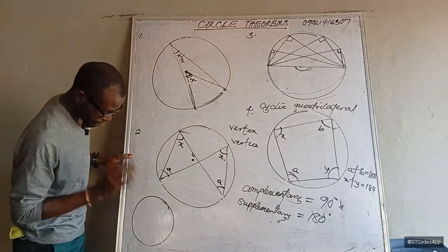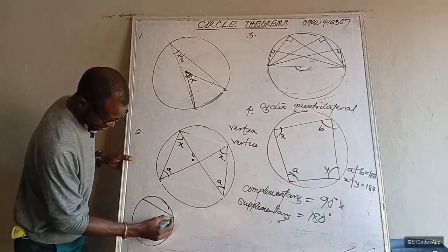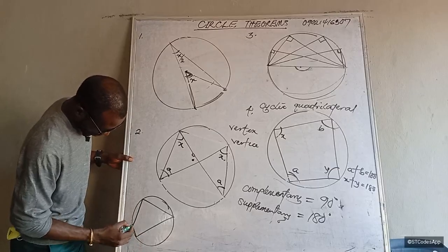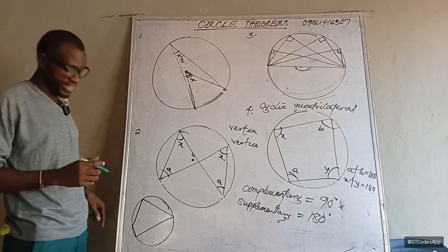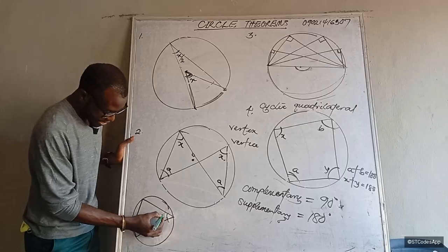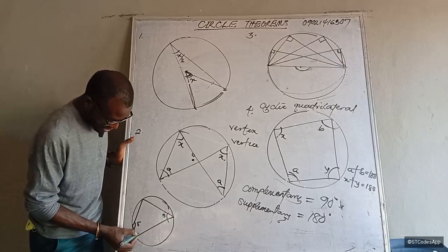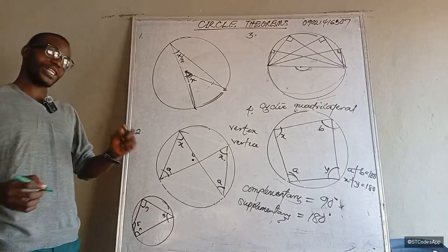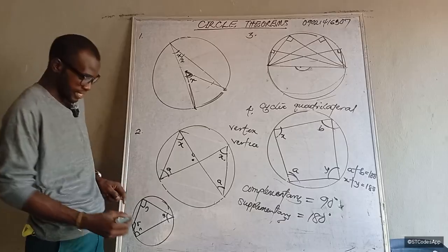See. Now look at this shape. Looks weird, right? How do you find opposite interior angles? If I call this M, I call this B, I call this C, I call this N. Which ones are opposite interior angles? Look at the way I scattered it.